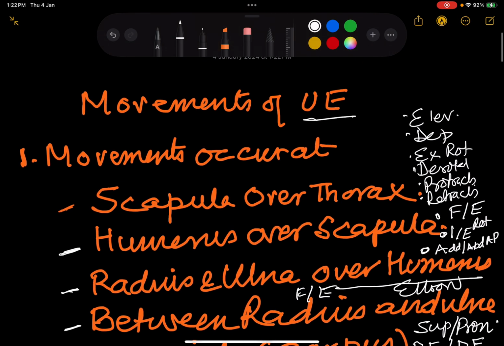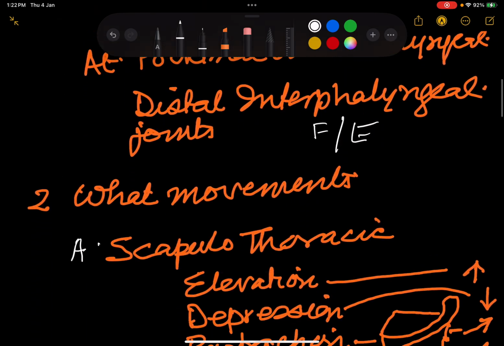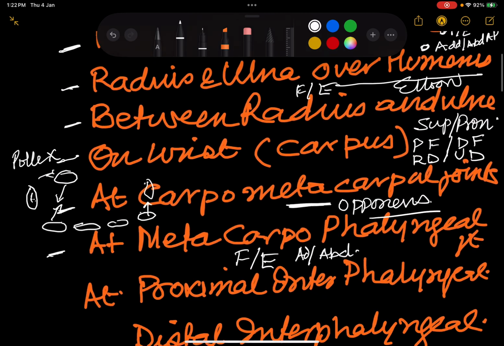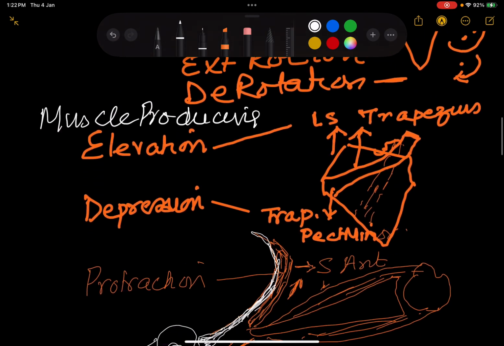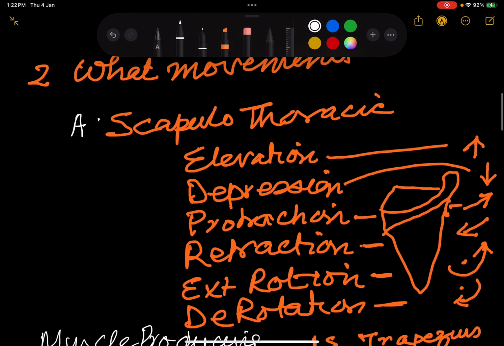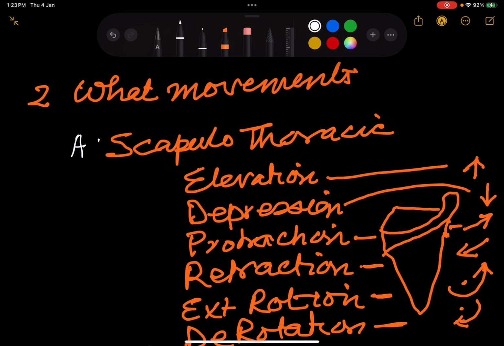So you must do these movements and actually memorize them from above to below. And then we will start working on a 3D concept as to how each of these joints move. So we'll consider the scapulothoracic joint first.